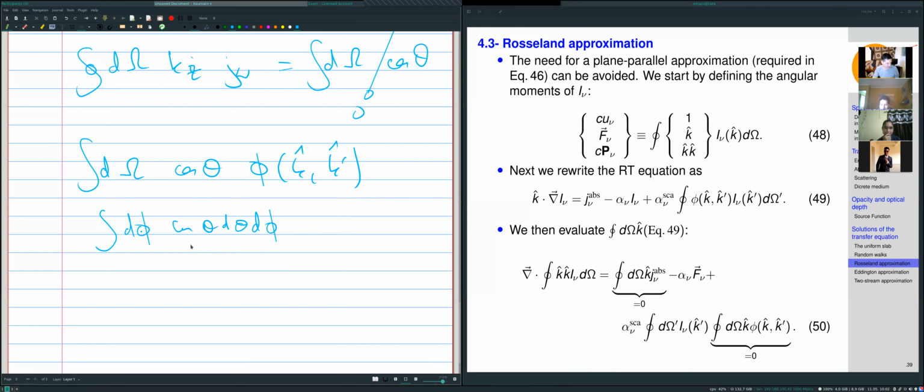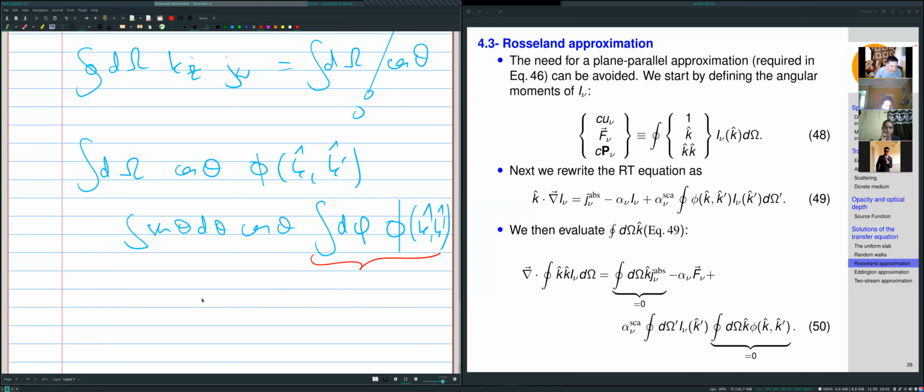It's simple. Let's group the theta part, just the theta part, plus theta, and then I'm integrating over this phi variable times phi, which is a phase function. It's k over k prime.